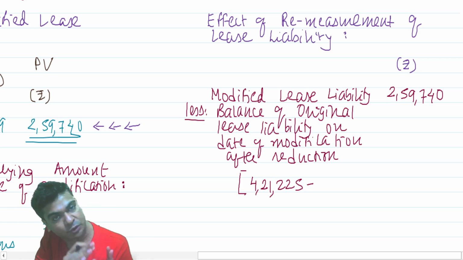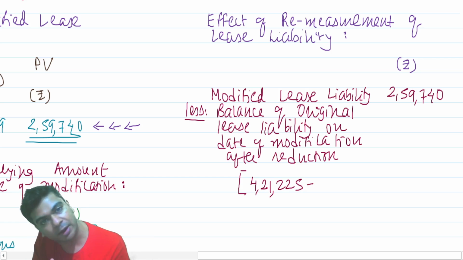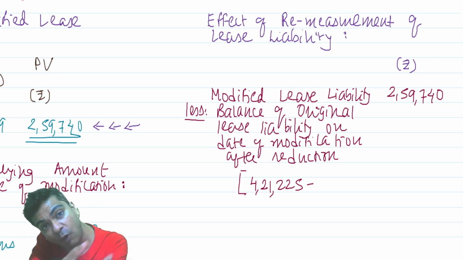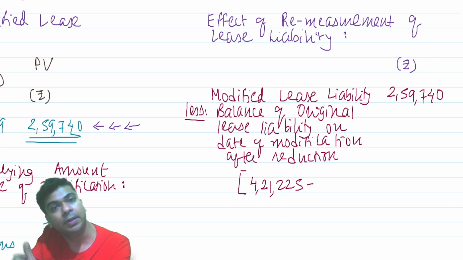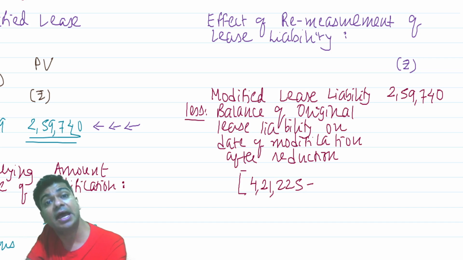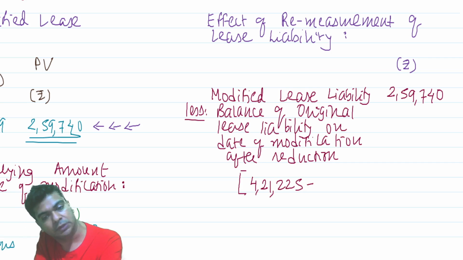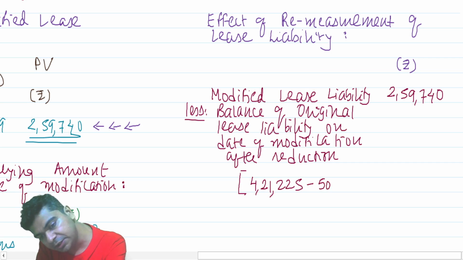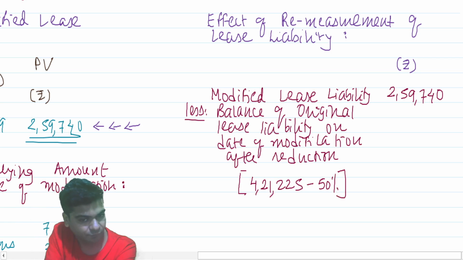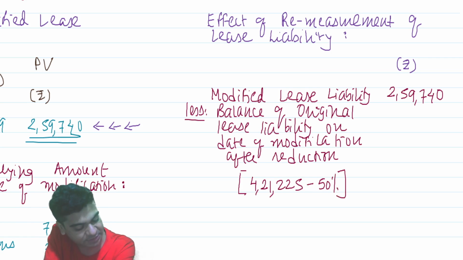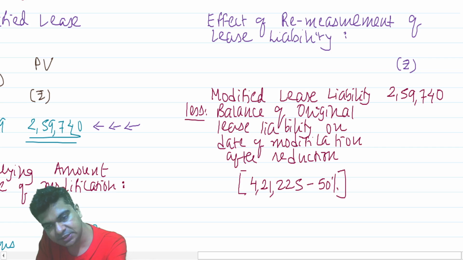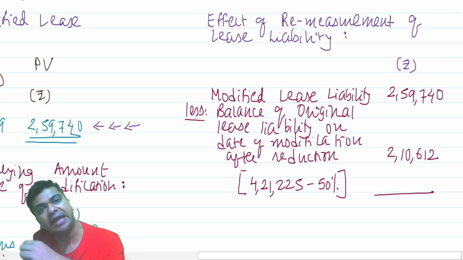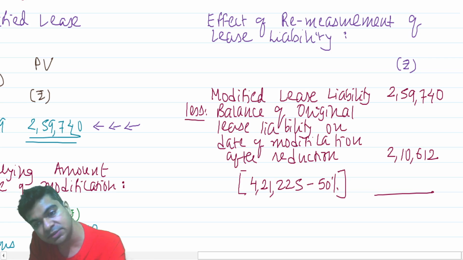From 5,000 square meters, it became 2,500 square meters. So 50% of that I have already removed from my books. In the earlier accounting entry, lease liability account was debited, isn't it? So 421,225 minus 50%, it is 2,10,612. So in your books right now, the lease liability is 210,612.